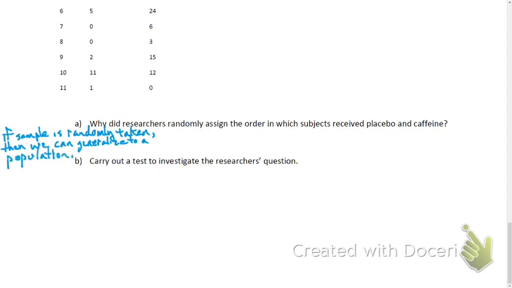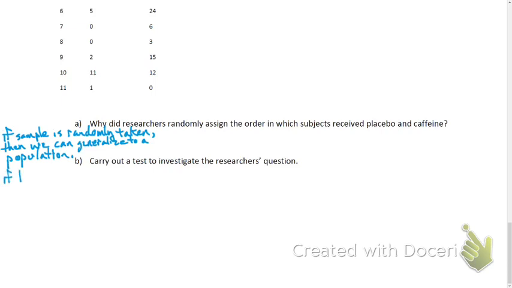If we don't have a random sample, we can only talk about the people in that sample, like volunteers, this one. So that's why I had to be careful with my conclusion. I can't say this is the case for all caffeine-dependent people.